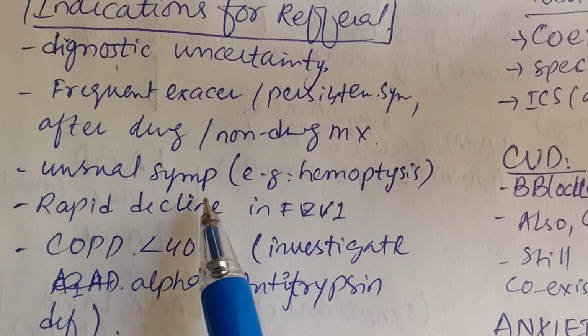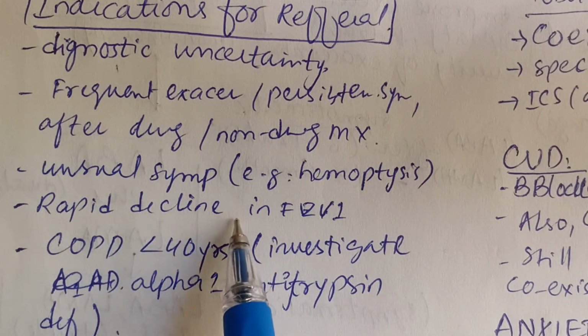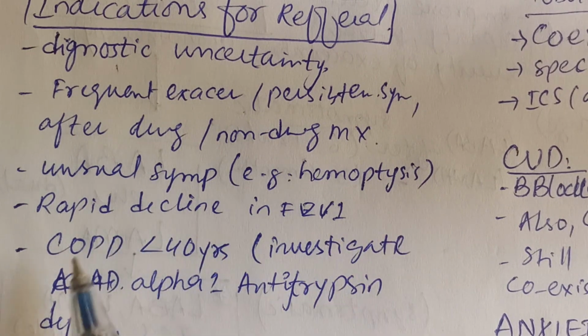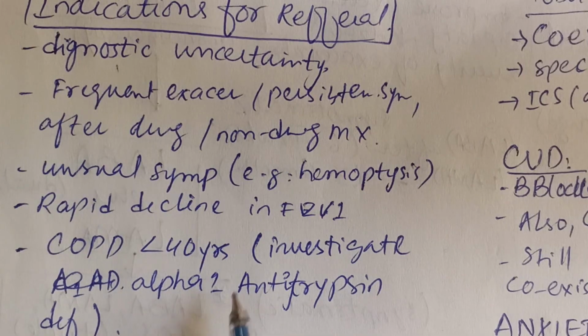There are unusual symptoms, for example, hemoptysis. There is rapid decline in FEV1. COPD is suspected or diagnosed in less than 40 years, because COPD is usually diagnosed and presented after 40 years. So if COPD is in a patient less than 40 years, we have to refer the patient so that they can investigate alpha-1 antitrypsin deficiency.